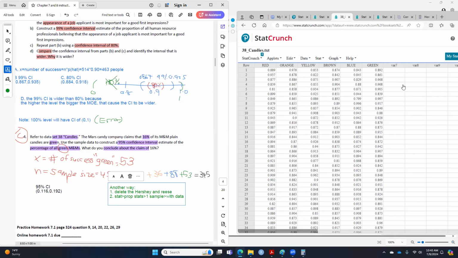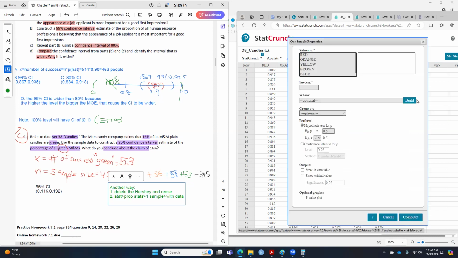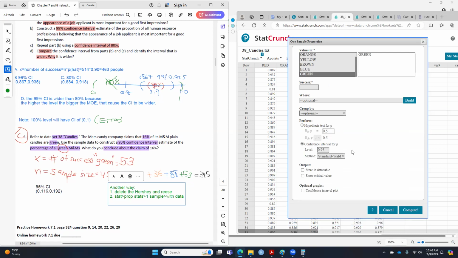And once you got this, you go to stats, you go to proportion stats, one sample with data, okay? And we are concentrating on green. So we're going to put green as your values in. And I used 95. I think this is how we do this.